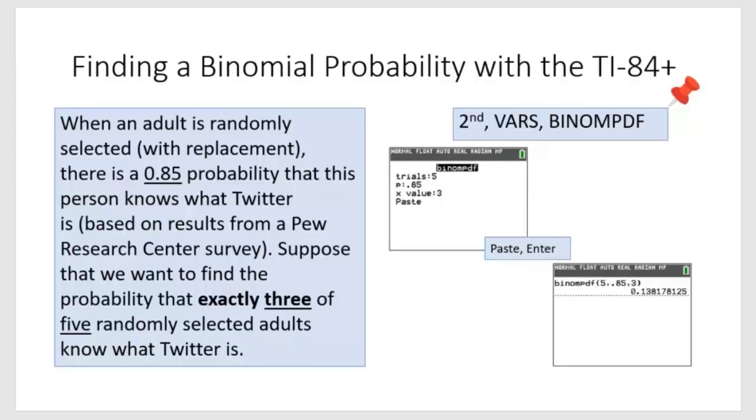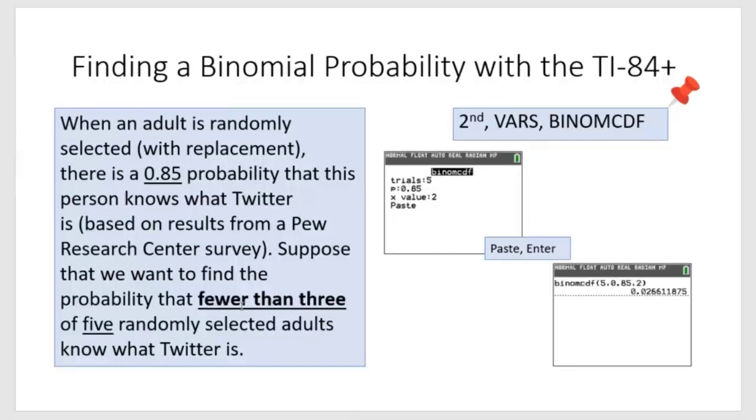Second VARS binomial PDF. Okay, this is exactly 3, right? This one says fewer than 3. So let me talk about that for just a minute. When you do a binomial CDF, what you have to think about is your number of successes. And think about that from least to greatest. Okay, so it's going to start at 0 successes, 1 success, 2 successes, 3 successes, all the way up to n successes, all of them.